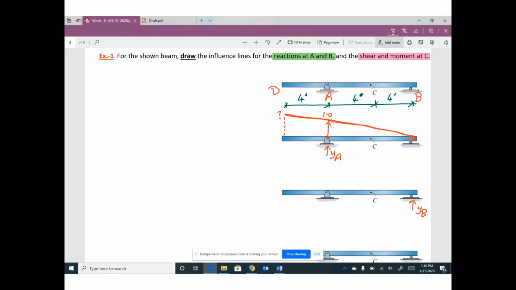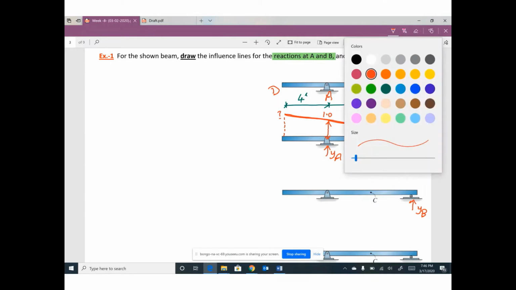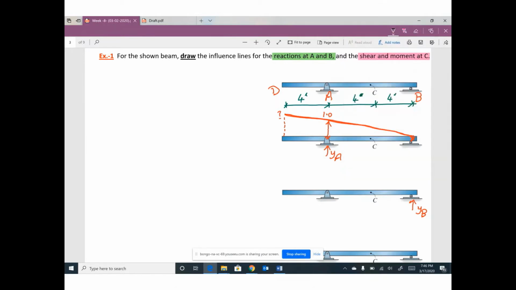We have triangle similarity. The biggest triangle looks like this. The whole distance equal 12 feet.